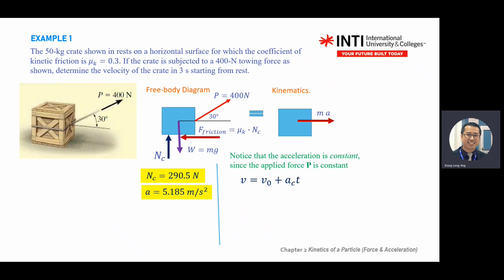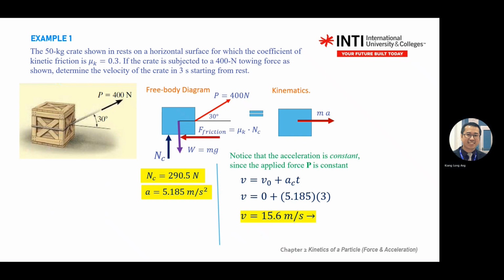So in this equation VO is 0, T is given, A you'll find just now. So you're able to find velocity after the given time. Substitute T inside the equation to get the V. And remember to tell the direction.